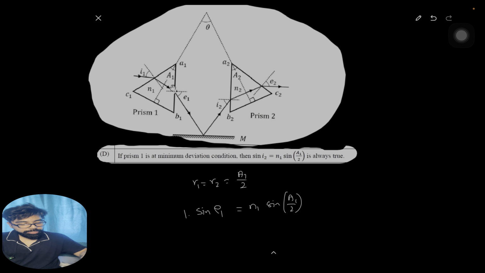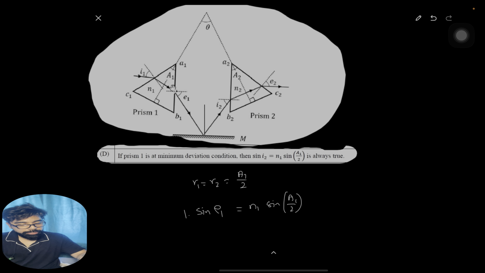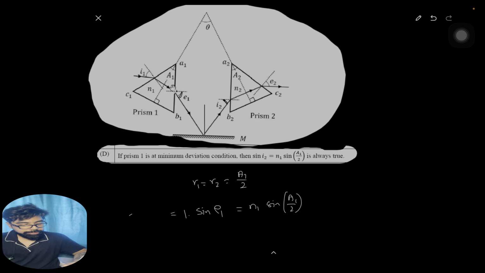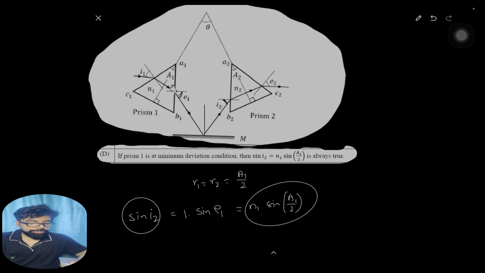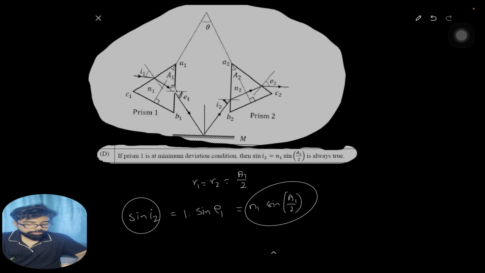But as we have proved earlier, if you draw the normal, this E1 is equal to I2. So we are getting sine I2 equal to n1 into sine A1 by 2, which is obviously again true. So if prism 1 is in minimum deviation condition, then this is also correct. So option D is also correct.